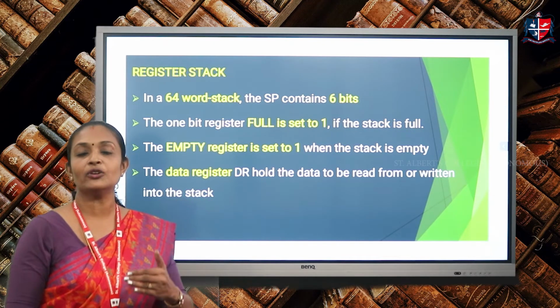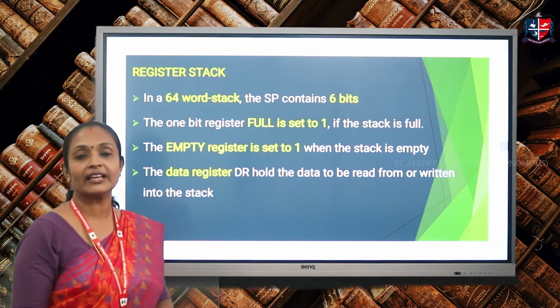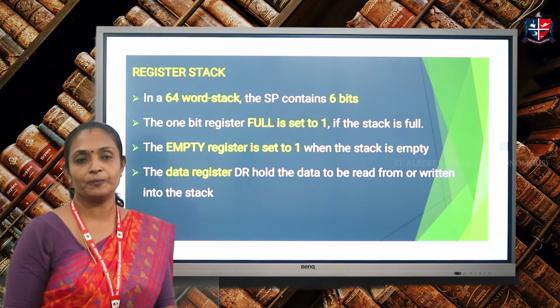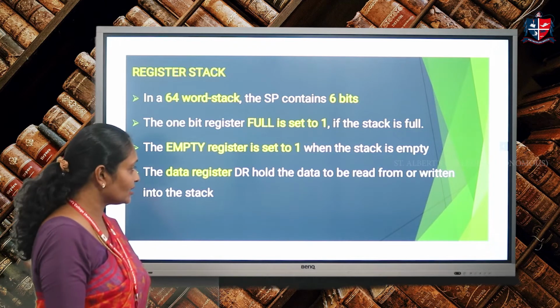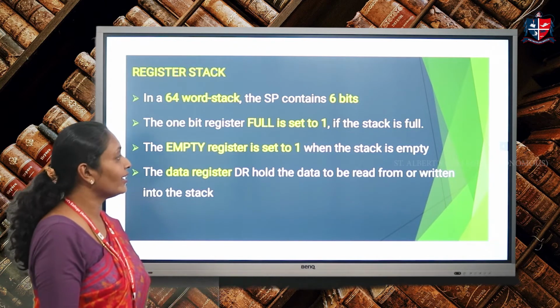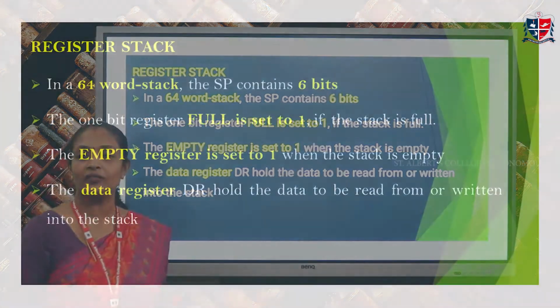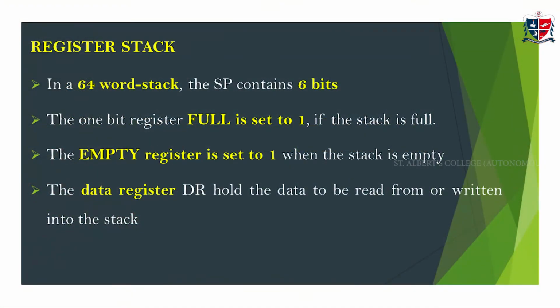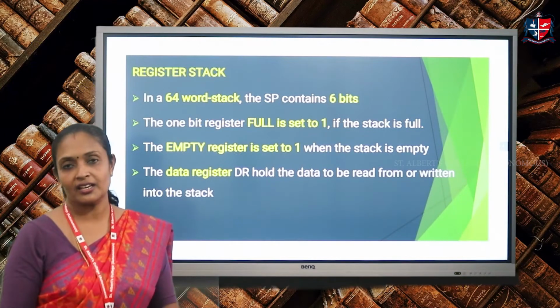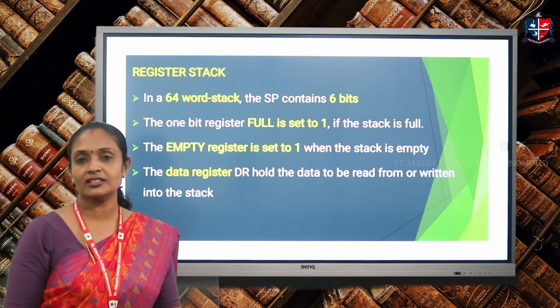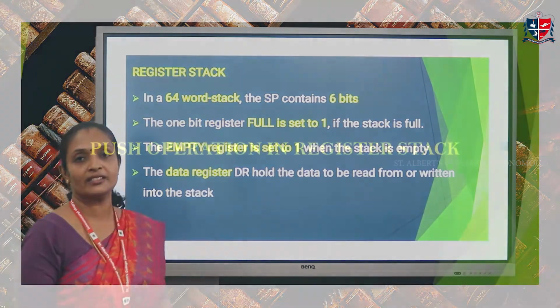Another is the empty register, which is set to 1 when the stack is empty. The data register holds the data to be read from or written into the stack. So these are the various registers used in the register stack.